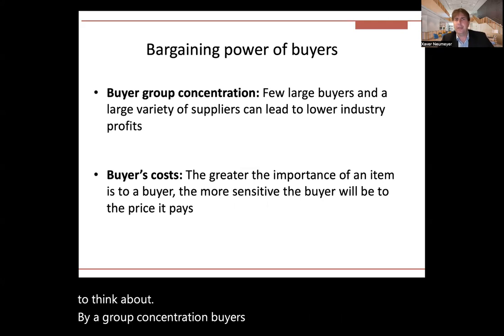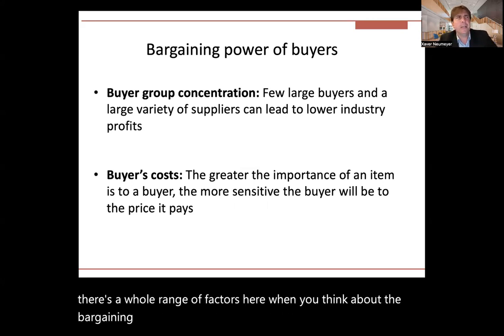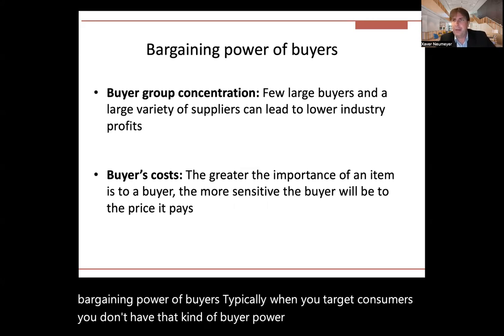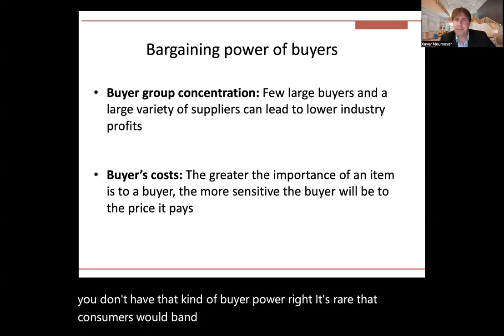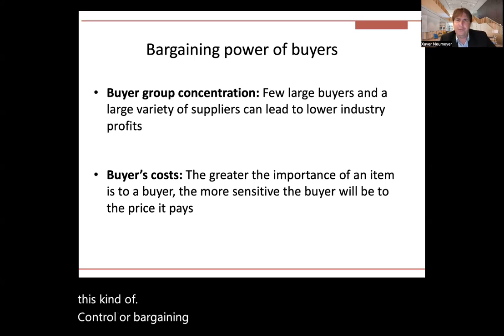And so these are some things you want to think about: buyer group concentration, buyer's costs, et cetera, et cetera. Again, there's a whole range of factors here when you think about the bargaining power of buyers. Typically, when you target consumers, you don't have that kind of buyer power, right? It's rare that consumers would band together or could exercise this kind of control or bargaining power that you have to worry about.